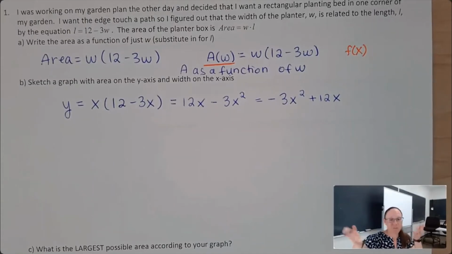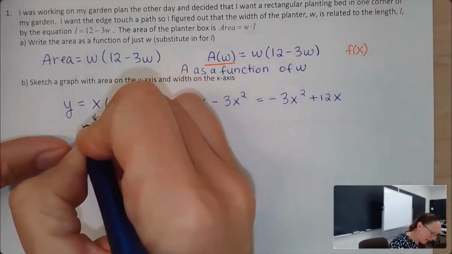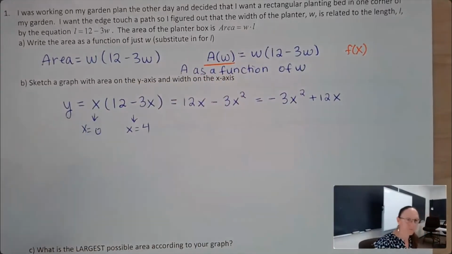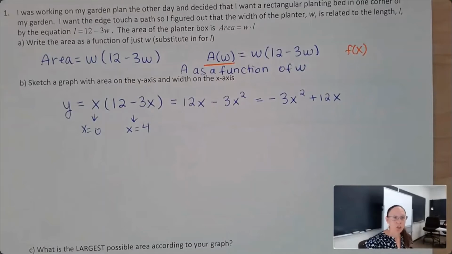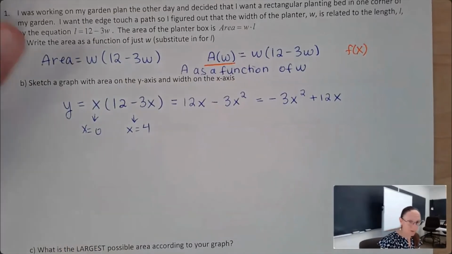So the x-intercepts and the vertex, that's going to be enough to get me a graph. My x-intercepts here are x equals 0 and x equals 4. And whichever way you want to find the vertex, it's either the number in between 0 and 4, the average of 0 and 4, which is 2, or you can get it by doing negative b over 2a.